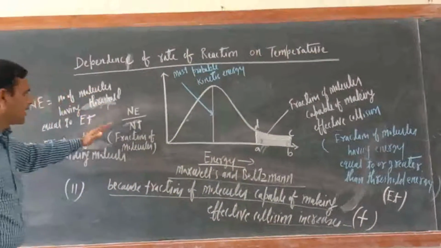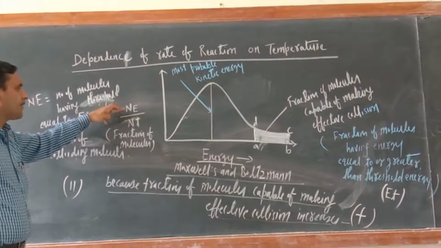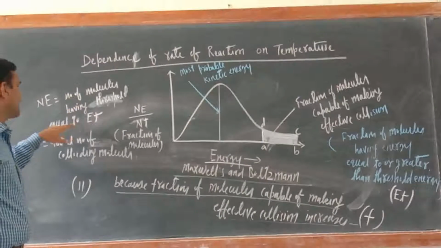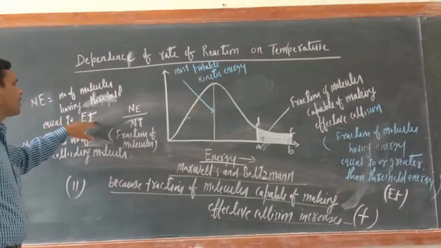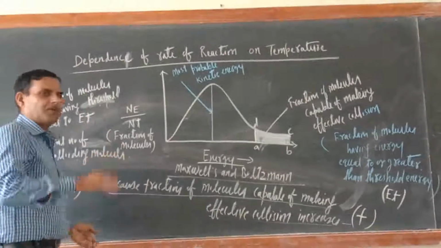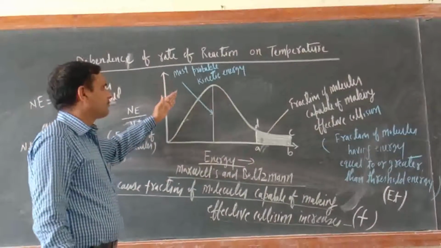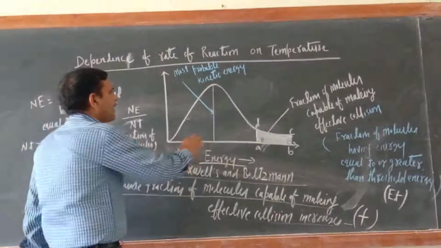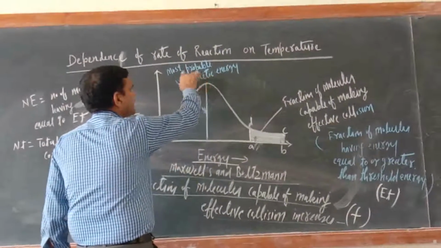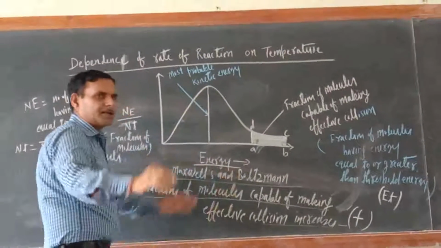Once again, when the graph was plotted between Ne by Nt, what is Ne here? Number of molecules having threshold energy equal to Ep, and Nt is the total number of molecules. So what was found? That most of the molecules were having kinetic energy here, the most probable kinetic energy.